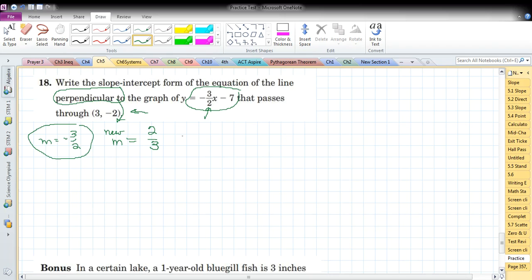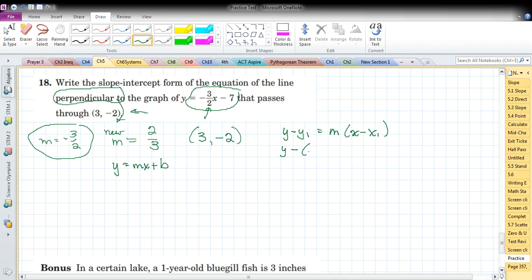And it's going to go through this point. So I have a slope and I have a point. And I know how to solve for an equation of a line if I have a slope and a point. Y equal mx plus b. You could use point slope form here if you'd like to. Let's go ahead and do that for a change. Y minus y1 is equal to m times x minus x1. Plug in.